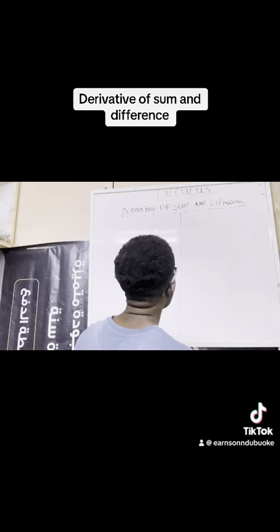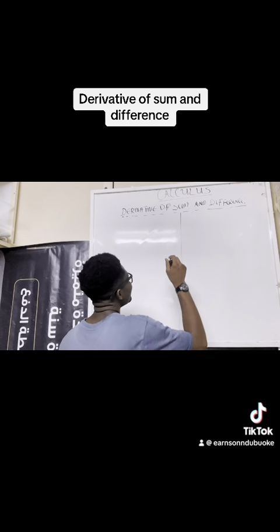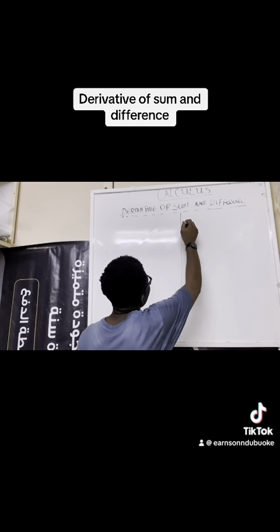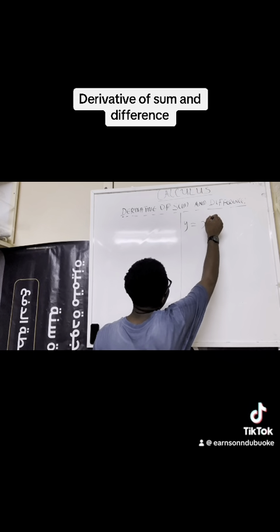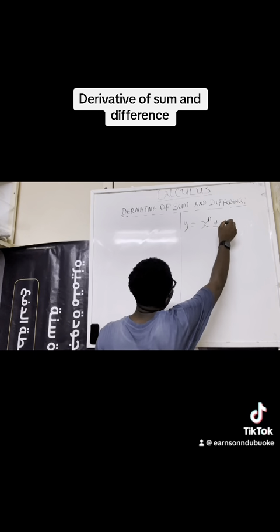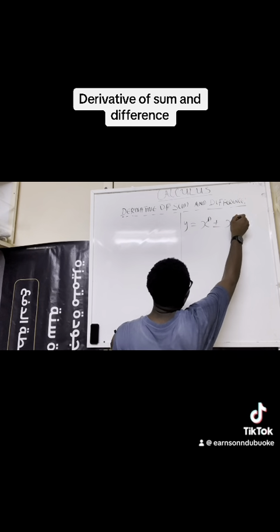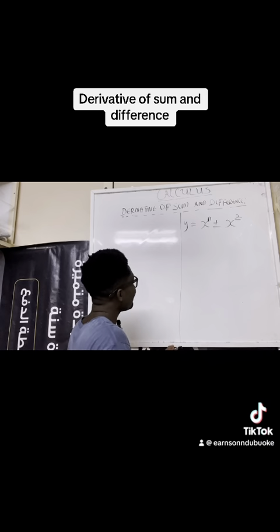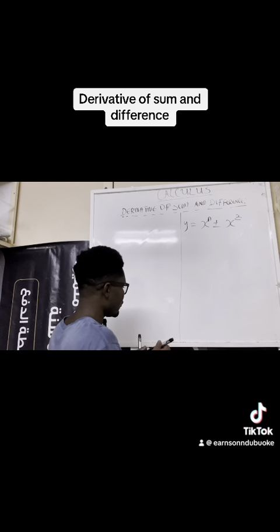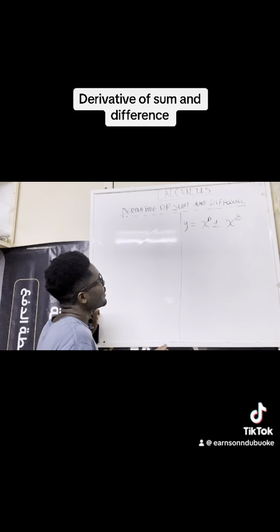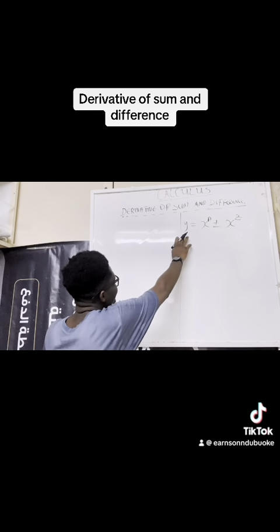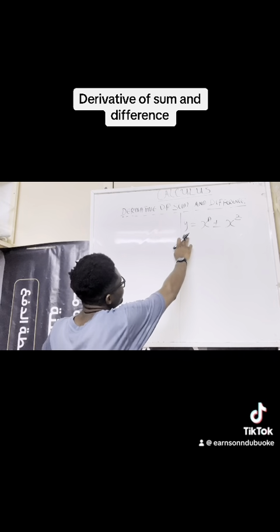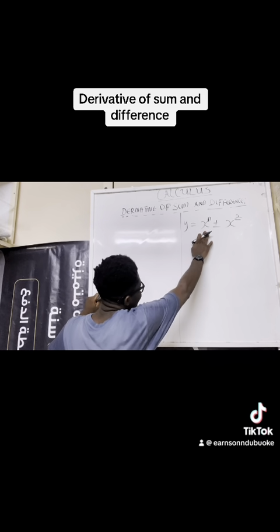So what I'm trying to say is this: for example, if you're asked to differentiate y equals x raised to the power of n plus or minus x raised to the power of z, how can you differentiate this? We are differentiating y with respect to x.